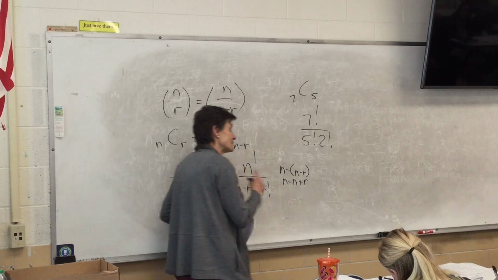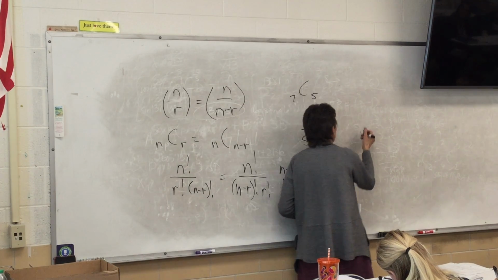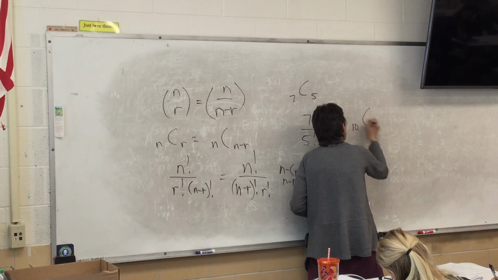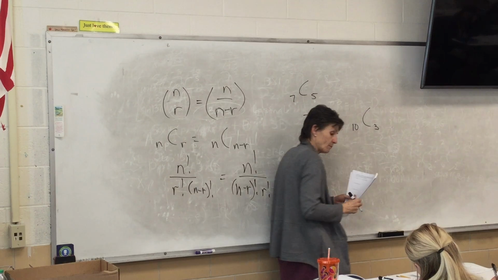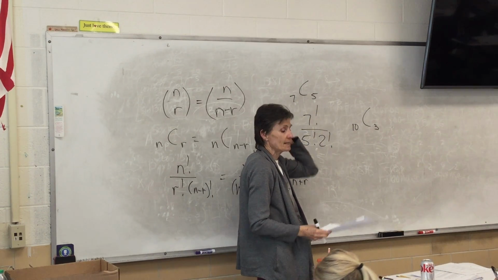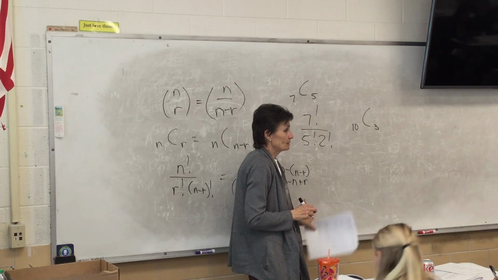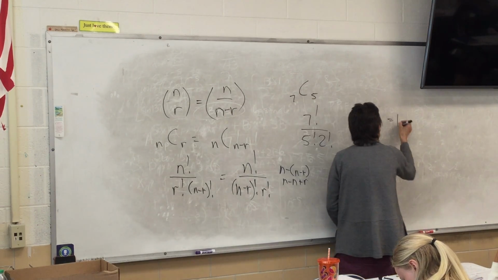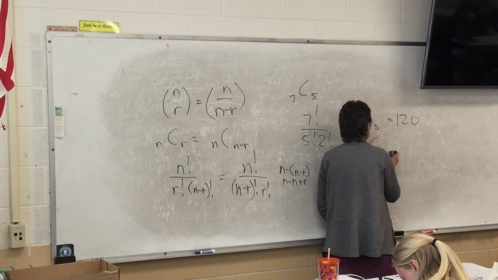And what that means is, and I don't know if you thought about this or not, but take your calculators out, please. What's 10C3? Just figure out what that is on your calculator for me. 120. Okay, now do 10C7.